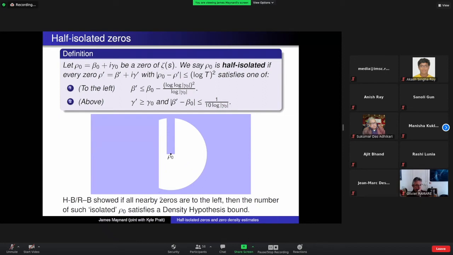And if all the zeros were to the left, then somehow zeros to the left become trivial in this setup, and so the number of such isolated zeros satisfies a density hypothesis type bound. So given that context, the key improvement that we have is that we're extending isolated to half isolated, which becomes a lot more technical to deal with.